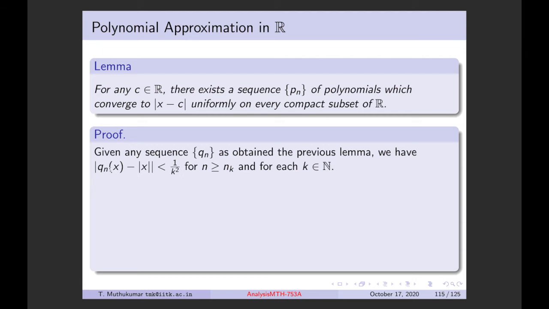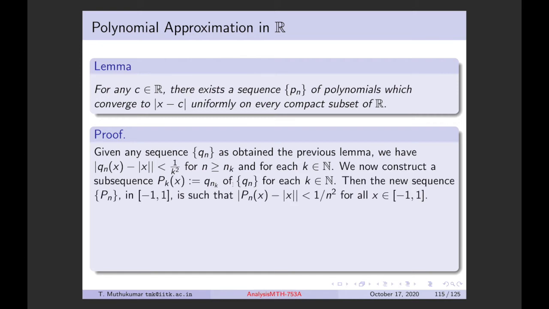So we have this estimate from the uniform convergence of the sequence to mod x, and it happens for all n bigger than or equal to nk. In particular, it's valid for nk. So Q_nk minus mod x is less than 1 over k square for each k. We denote this Q_nk as the polynomial Pk, just indexing it by k.